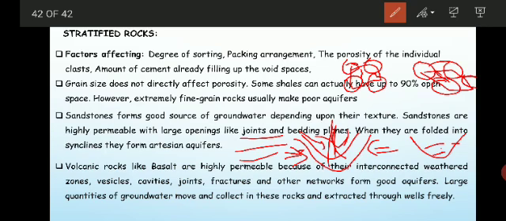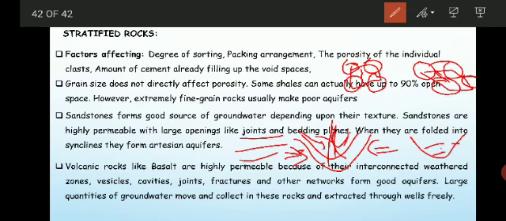Then some volcanic rocks, as I showed in the figure, like basalt, are highly permeable because of their interconnected weathered zones, because basalt undergoes weathering very quickly. It also has primary openings like vesicles, because it is formed by lava, I told you.